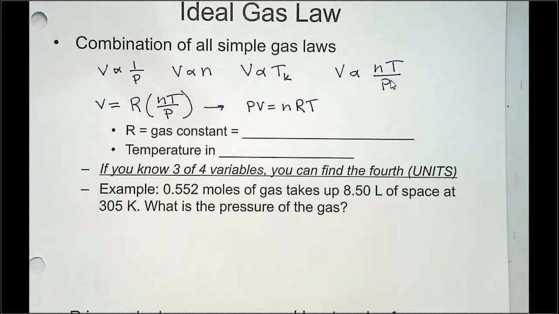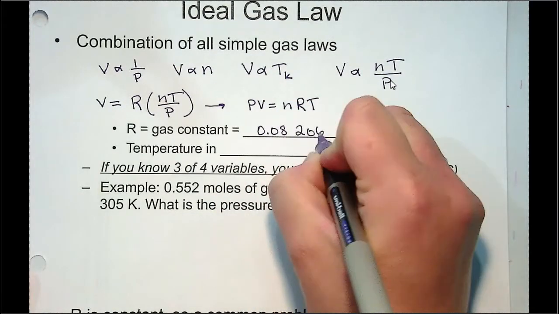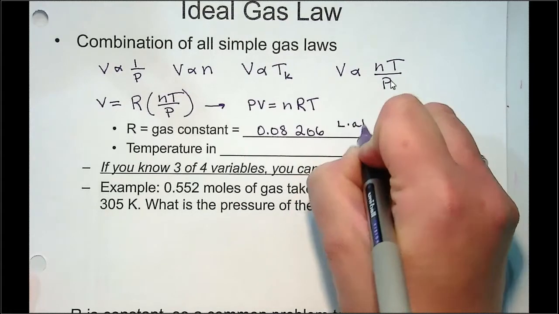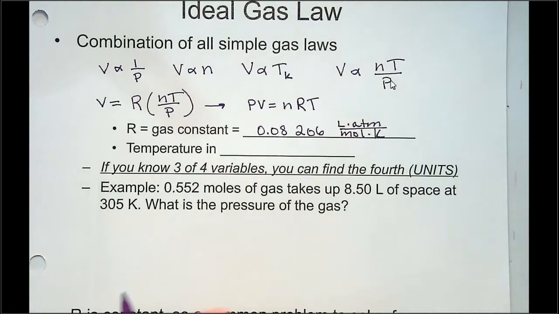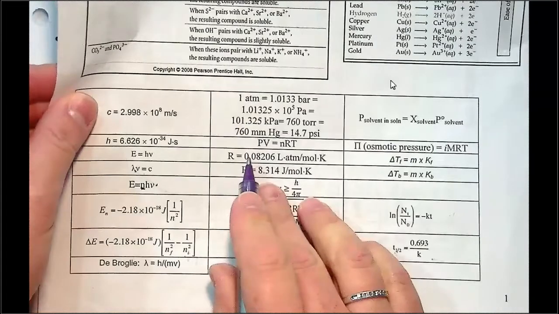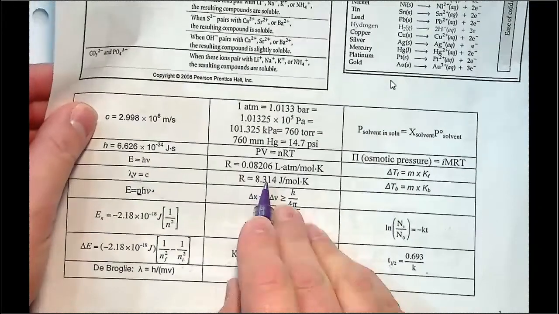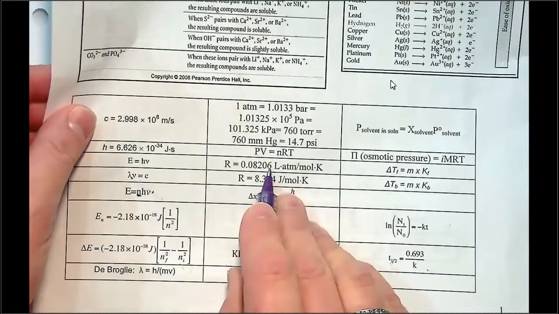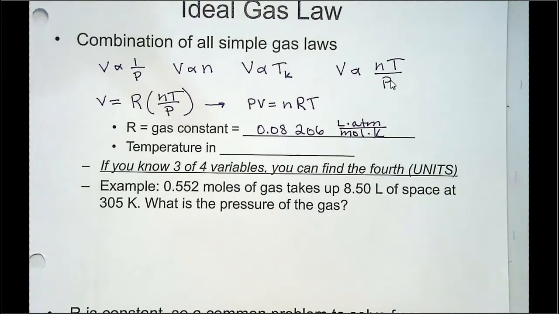This constant is 0.08206 liters times atmospheres over mole Kelvin. Do I give you this constant? Yes, it's right here. But you have to know that you need to use this version and not this version, which we'll use later. What's awesome about this constant is it basically holds all of the answers within it.